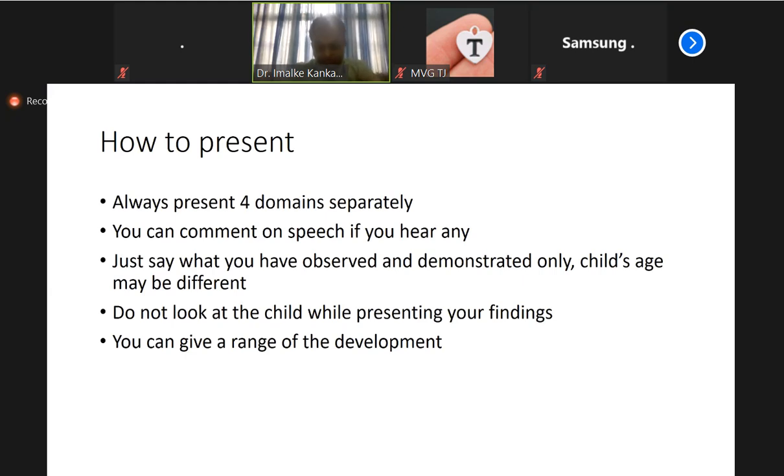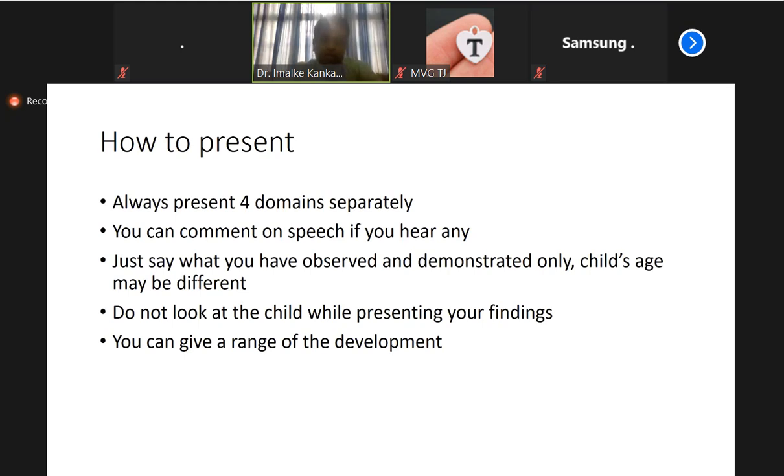So how are you going to present? Always present the 4 domains separately. Though you assessed the domains together, present them separately. You can comment on speech if you hear any. If not, you can say, I could not comment on speech, hearing, and language development because I did not hear any vocalizations during my limited examination, or during this short period of examination.